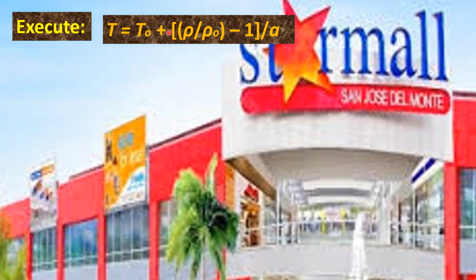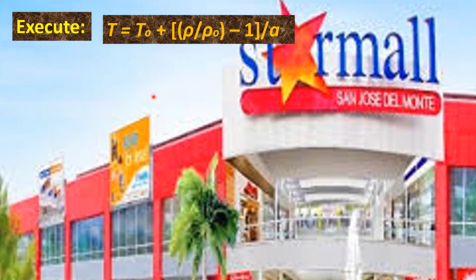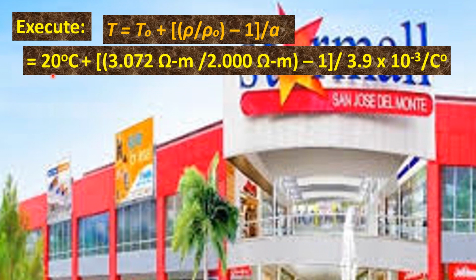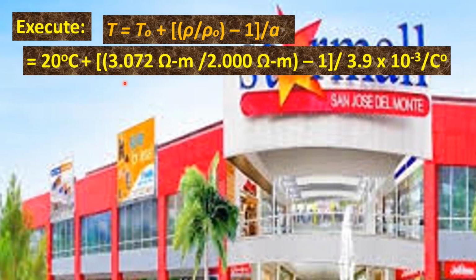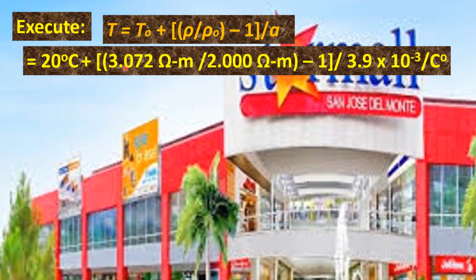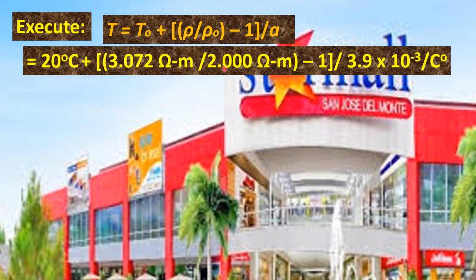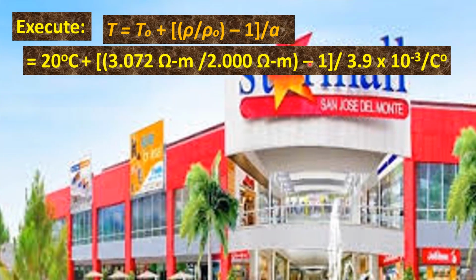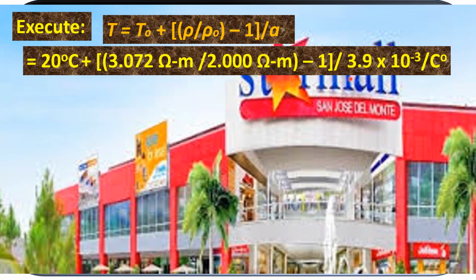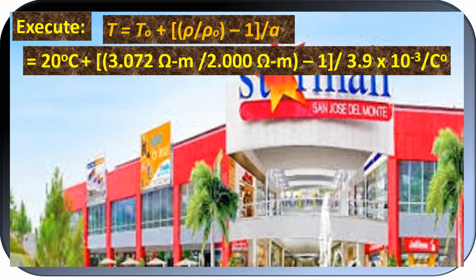Upon substitution of the data, that is T naught, which is 20 degrees Celsius, plus bracket quantity, the value of rho, 3.072 ohm meter, over the value of rho naught, 2.000 ohm meter quantity, minus 1, then you have the bracket divided by the value for alpha, 3.9 times 10 to the negative 3 per Celsius degree.